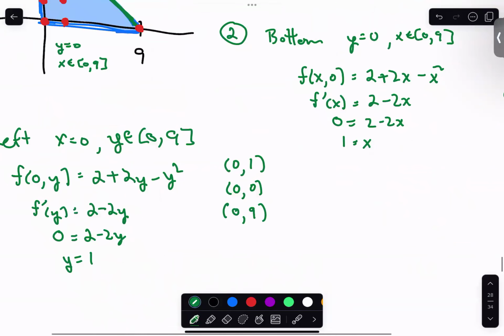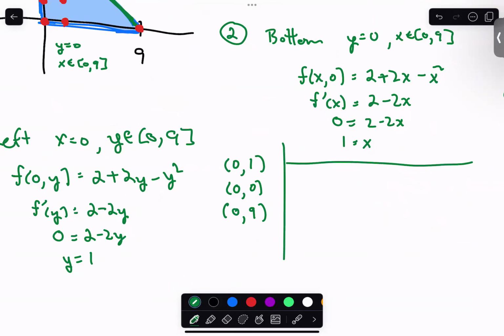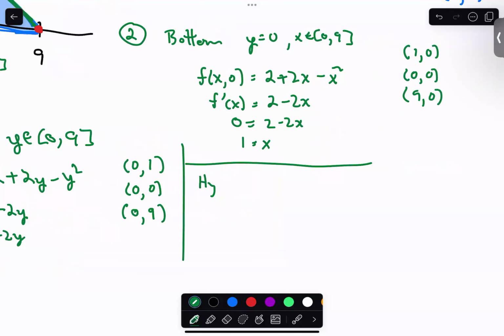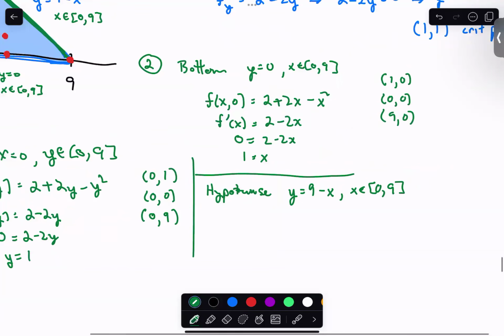All right, one more to go. I guess I'll call this hypotenuse. That was where y is equal to 9 minus x, and x is ranging between 0 and 9. So my function, and again, I'm going to be plugging in everywhere I see a y, I'm going to be plugging in 9 minus x.